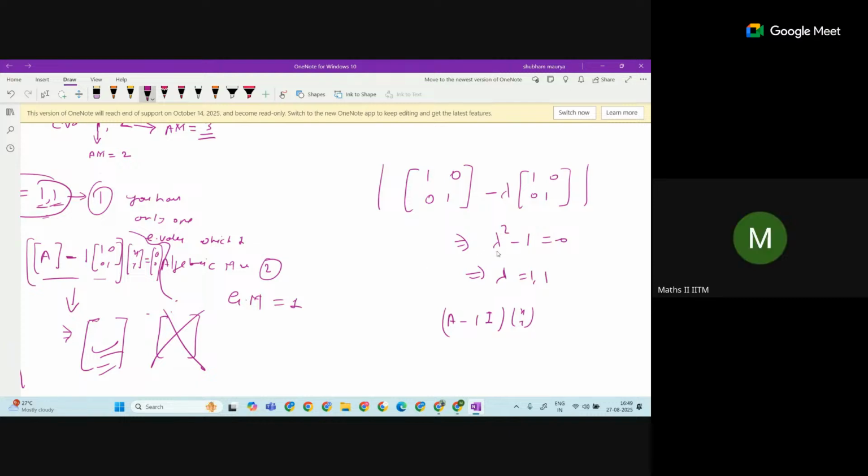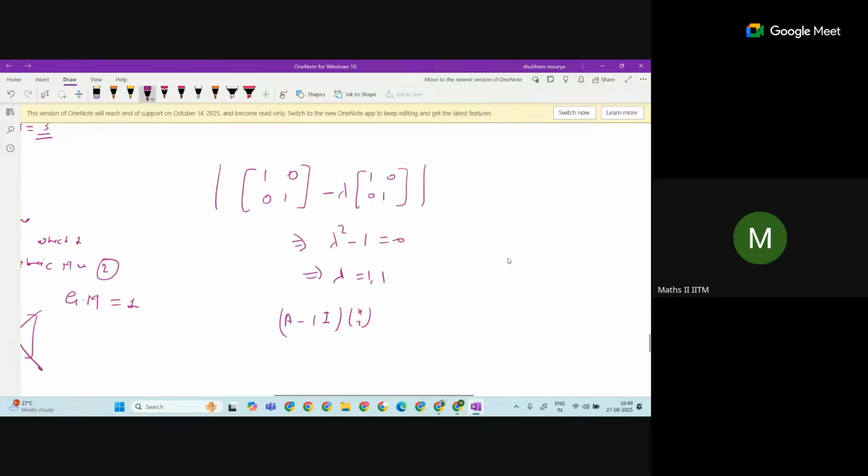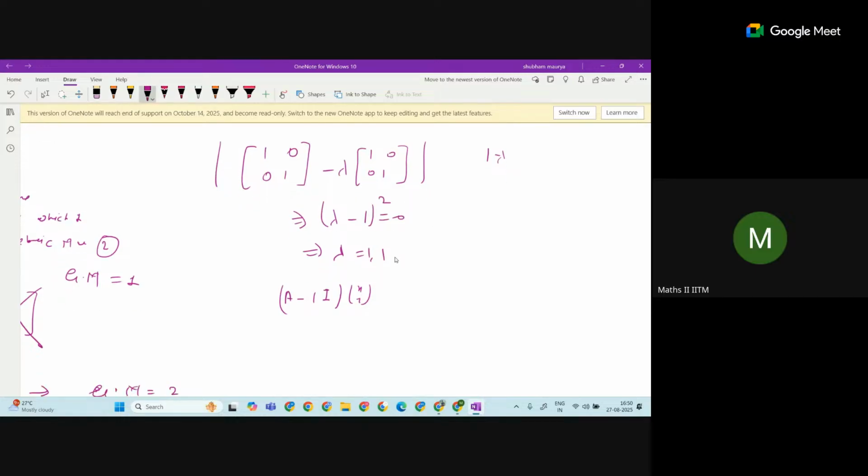Okay, I think I'm making a mistake. This is going to be 1 minus lambda. In this case, the matrix is 1 1, right? Yes, sir. This is 1 1.